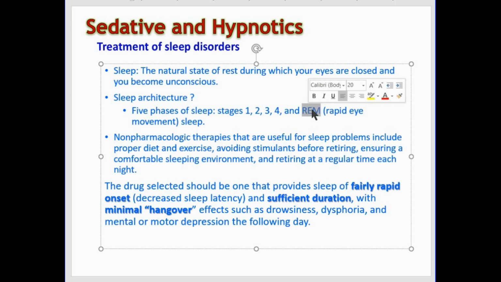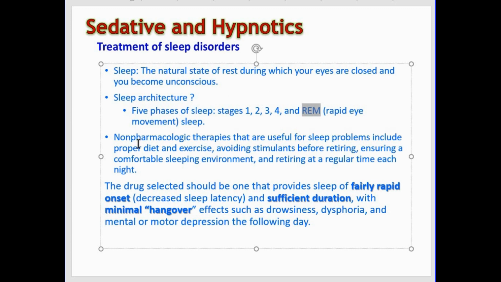The biological significance of the dream state is that it has a lot of implications for memory reconsolidation. For example, whatever you learn or know during the day, this is the time when the memories are created. So it is an important physiological function.